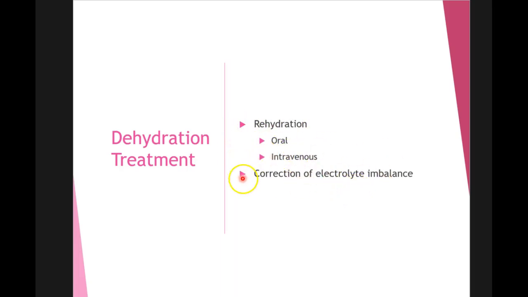And if there's an electrolyte imbalance going on, then you want to fix that, because if you don't fix that, then you're just going to have more of the same. Okay, and that's in the cases of the hyper and hyponatremic electrolyte imbalances.